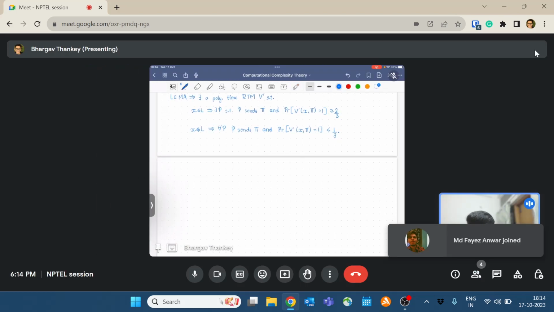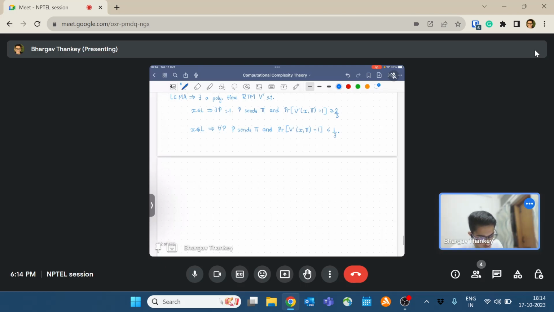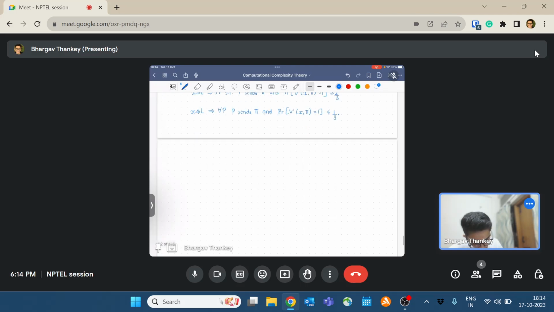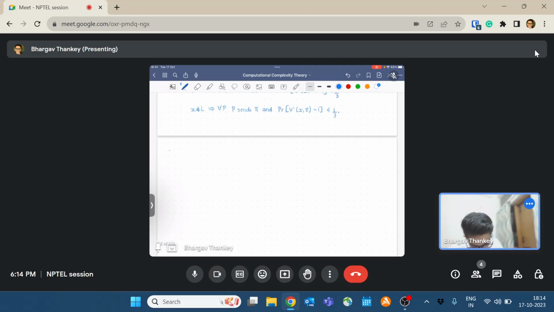And this is very similar to what we have done a lot of times for BPP algorithms. So all we have to do is execute V prime many times on x and pi.